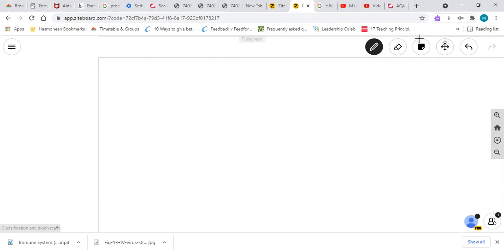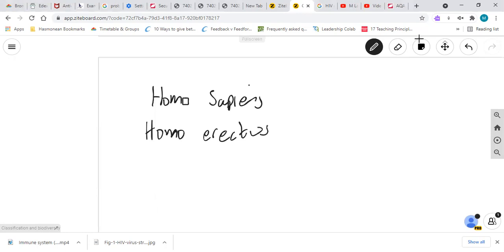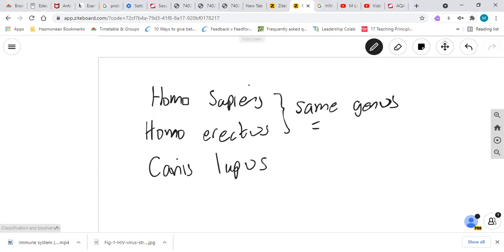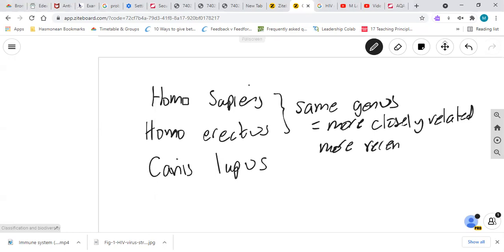So for example, if you have 3 organisms, and 2 of them have the same genus, so if we have Homo sapiens and Homo erectus, and we were comparing us to Canis lupus, which is the wolf, then because the first two have the same genus, that means they are more closely related, which means they have a more recent common ancestor.